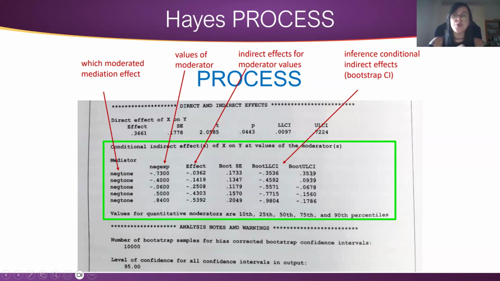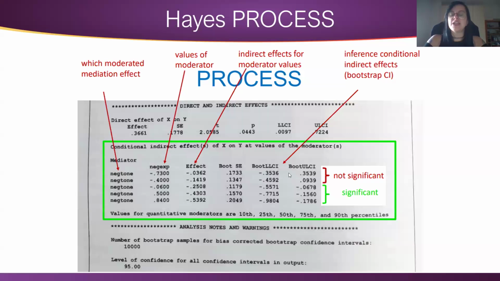And then the last two important things for us to remember are these last two columns, and those are the confidence interval. Why is the confidence interval important? Well, because it will help us make the conclusion if the indirect effect is significant or not. How do we do that?